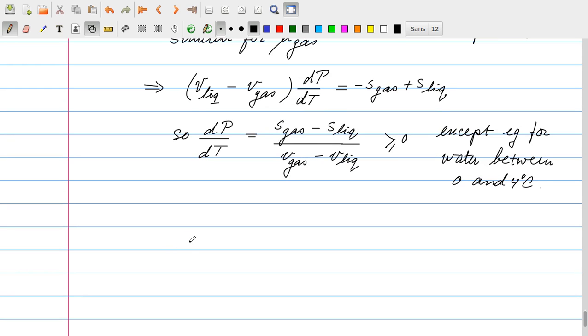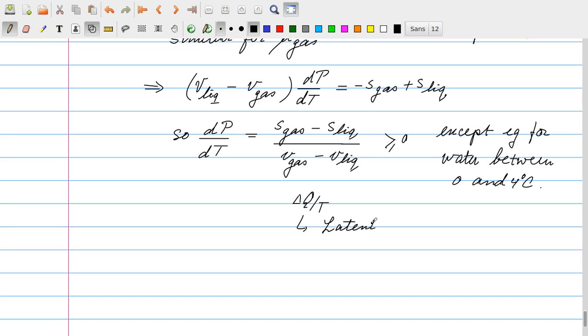Now, suppose we are at one particular temperature, then we can write this as a heat divided by T. So the difference in entropy between gas and liquid is delta Q over T, and if I calculate that per particle, then that is the so-called latent heat.